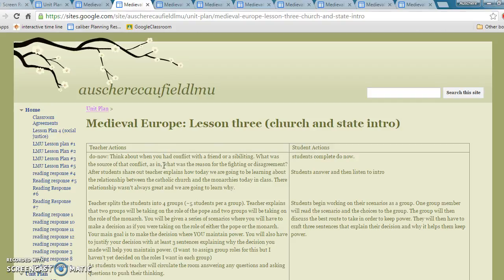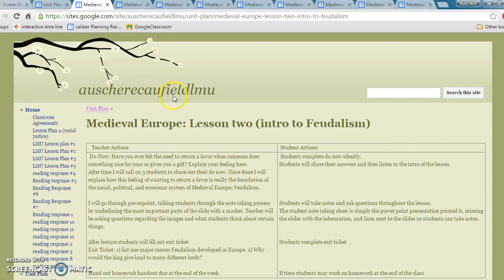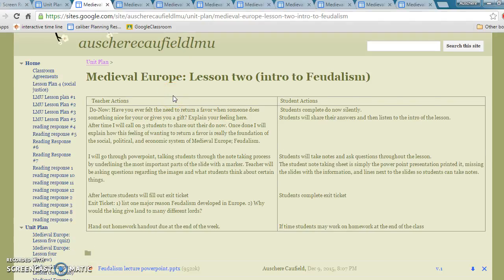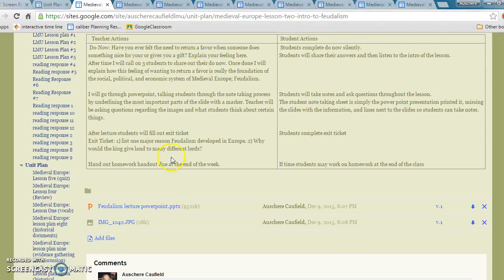Day 2, lesson 2 is a slideshow PowerPoint presentation where students are taking notes. They will be given a note sheet, which they are familiar with. They've seen this kind of note sheet before. I will be going through with information and questions, and we're going to do a slideshow on feudalism and the important parts of feudalism.